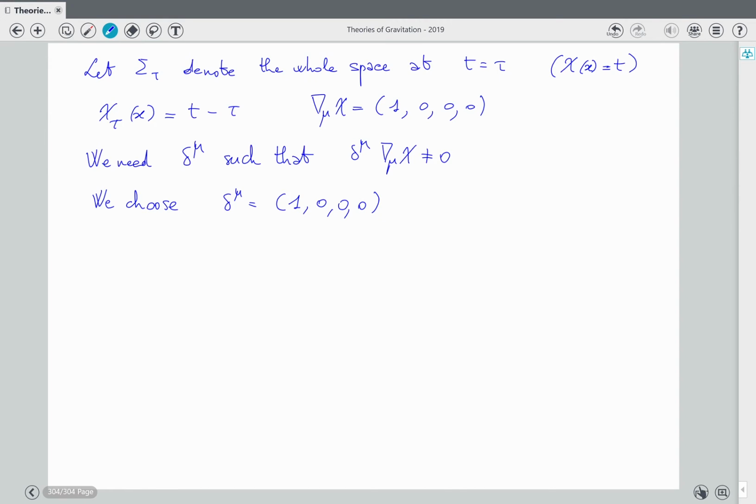Time, that is generator of time evolution. Then what is the normal? The normal, remember, is some lambda times del mu chi. So there will be a lambda here, 0, 0, 0. The only difference between delta mu and the normal is a factor.